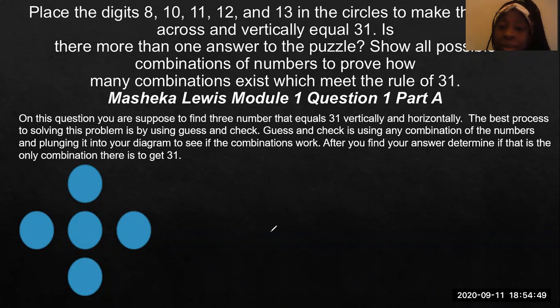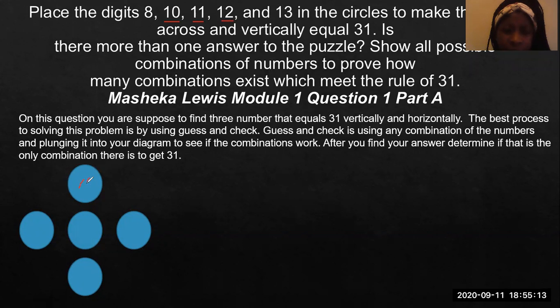A counter example is an example of proving something wrong. Okay, with guess and check, you just pick any numbers out of the solution. In this case, I'll just choose 10, 11, and 12.